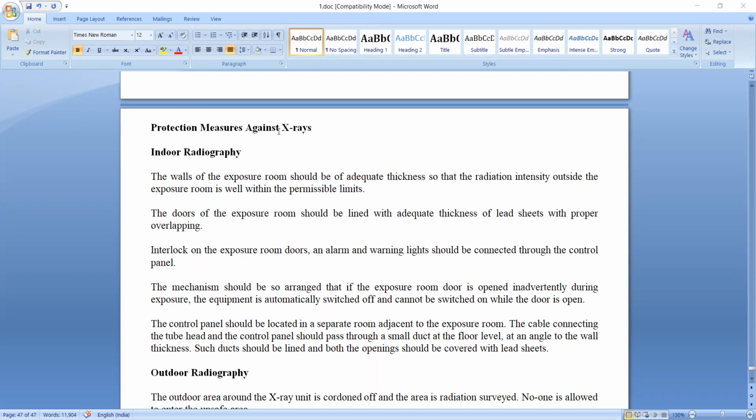And one more thing, we should have a mechanism for controlling the exposure from a side room. We have to maintain a room beside the indoor radiography, and we should keep a mechanism in that room for controlling the radiation exposure. Okay, we have to take all these steps while conducting indoor radiography.